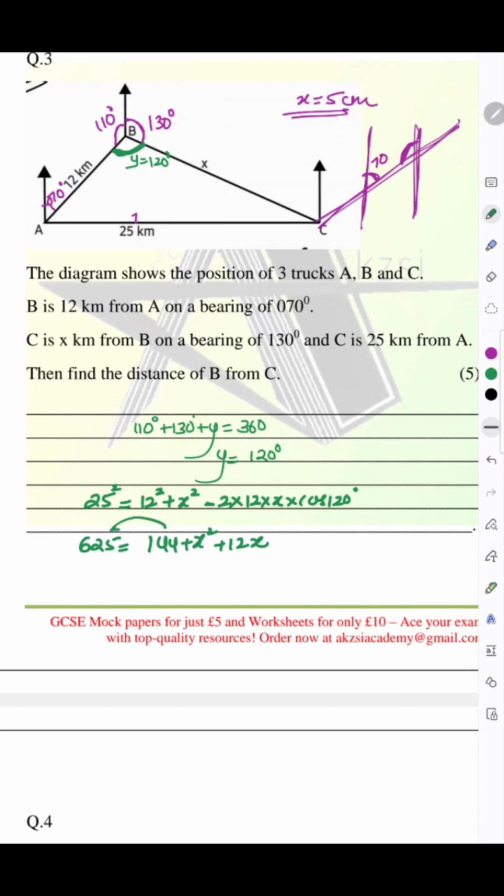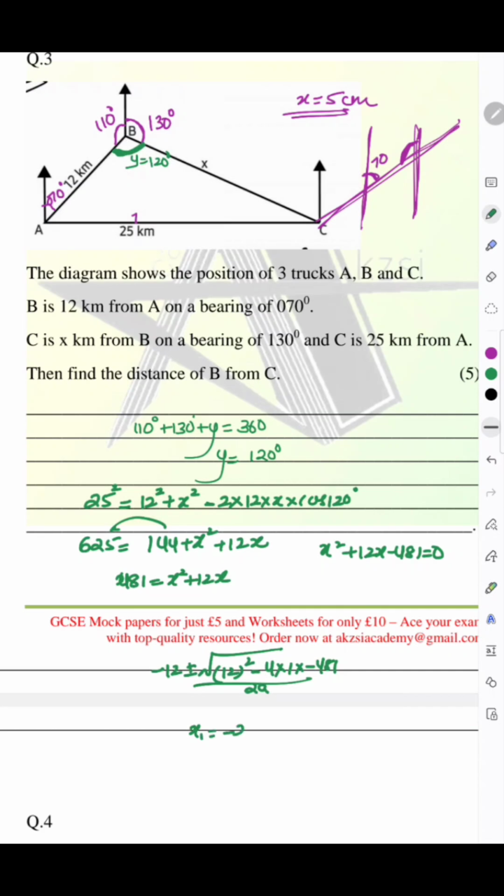Bring it here, this will be 481, and finally our equation will become x squared plus 12x minus 481 equals 0, and on applying the formula, which is minus b plus minus root b squared minus 4ac over 2a, I'll get two different values for x1 and x2.